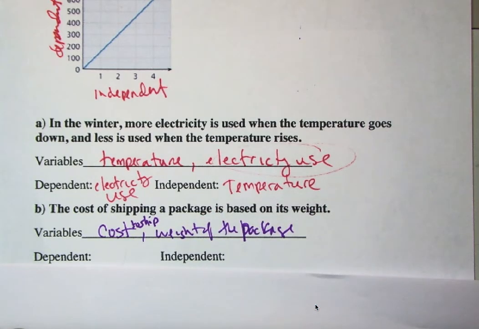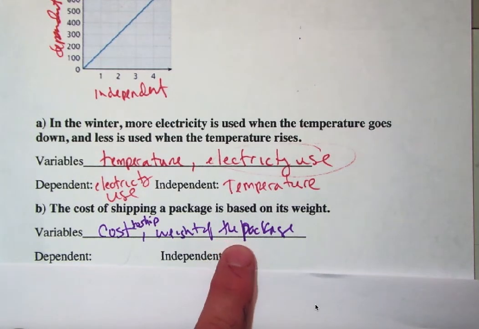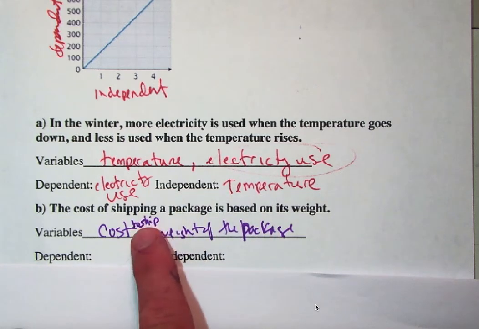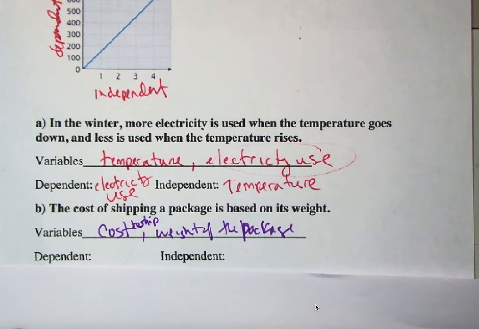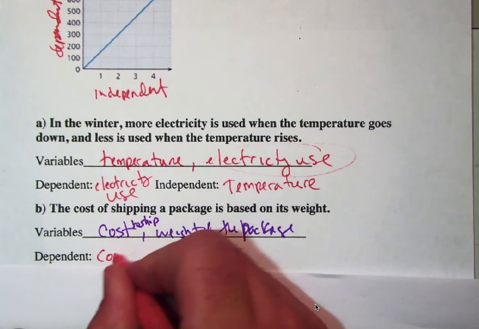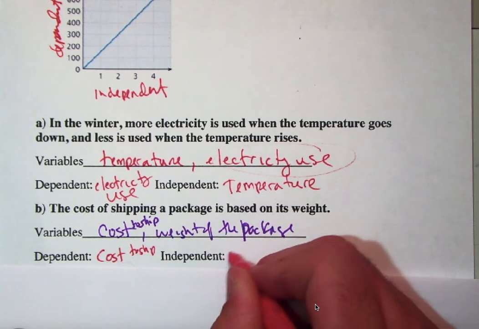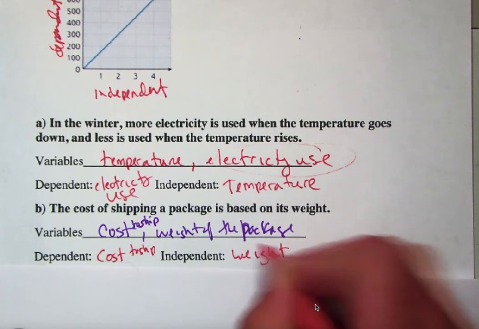Which one depends on which? So say it to yourself. Does the cost to ship depend on the weight? Or the weight of the package depend on the cost to ship? I would say that the cost depends, right? Because the cost will go up as the package weight goes up. So the dependent is the cost to ship and the independent is the weight.